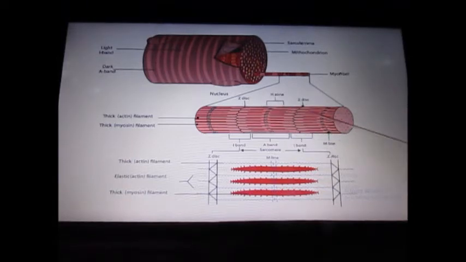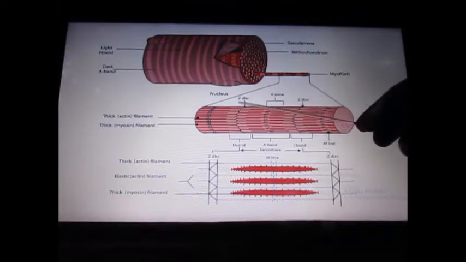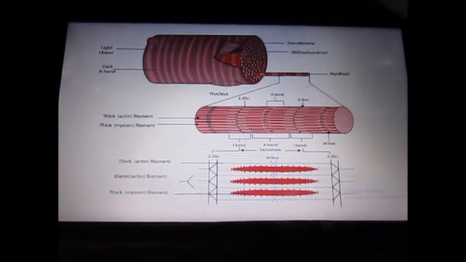Now on this structure we always have some region where you can find a dark zone followed by a light zone, a dark zone followed by a light zone, and so on.